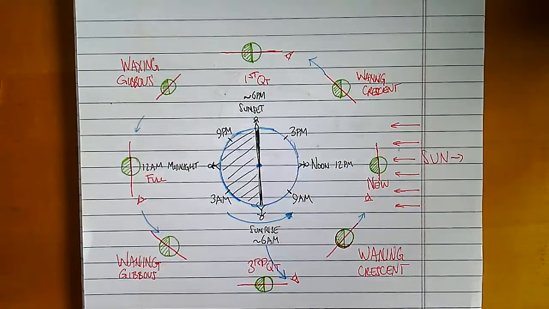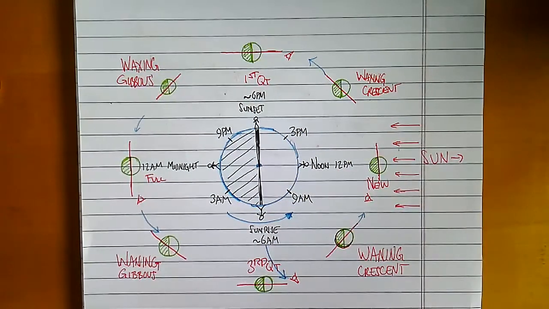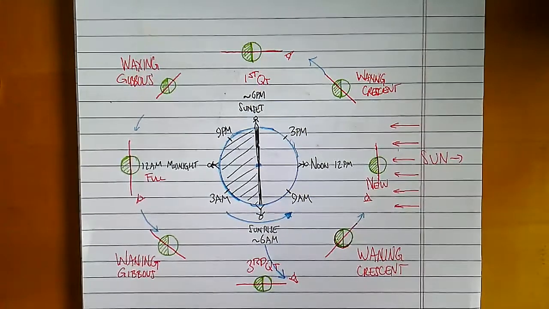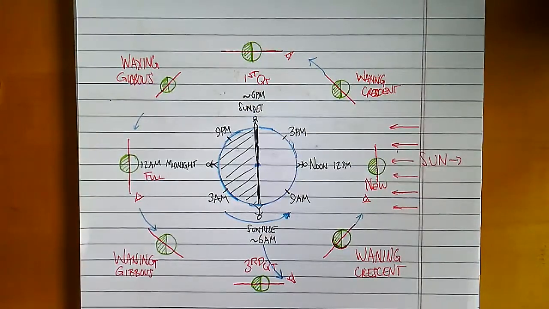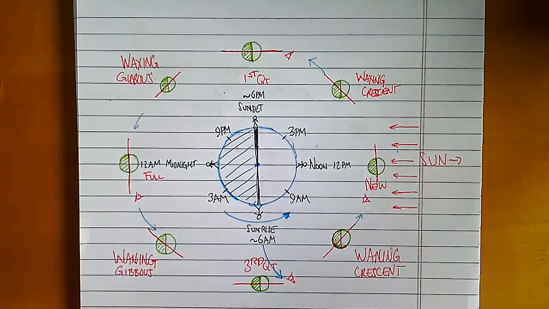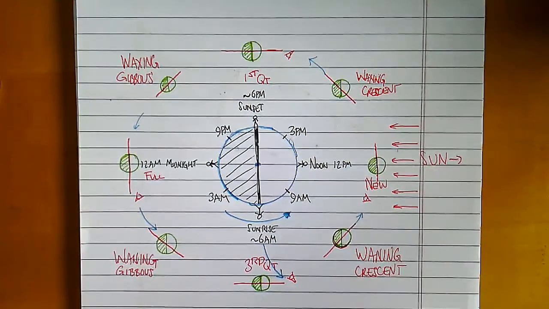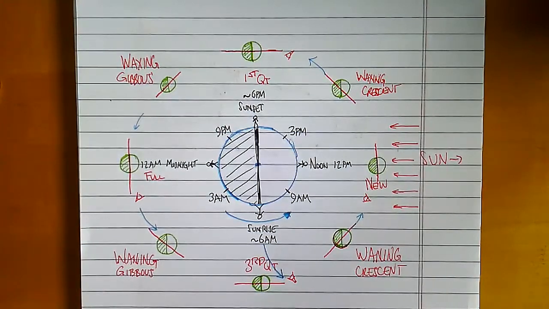Slowly rotate your body holding the moon in front of you, and you will see the bright spots on the moon taking the same shapes as new, crescent, first quarter, gibbous, and then full, and then gibbous again, and then third quarter, and then crescent again, and then new again. So just by rotating like that, you can actually experience the fact that the phases of the moon are due to the relative positions of the Earth, the moon, and the sun.